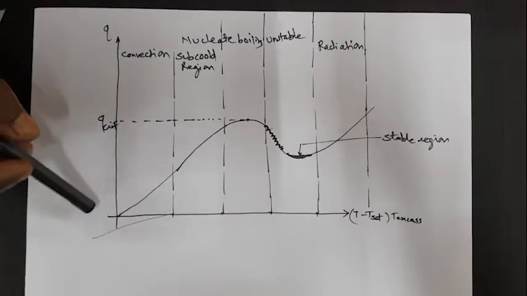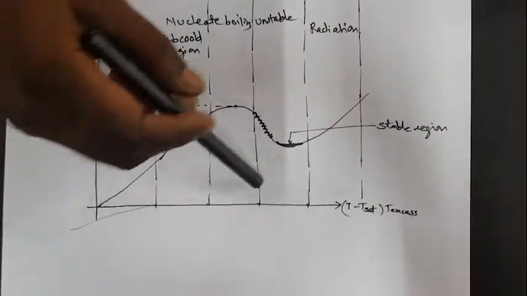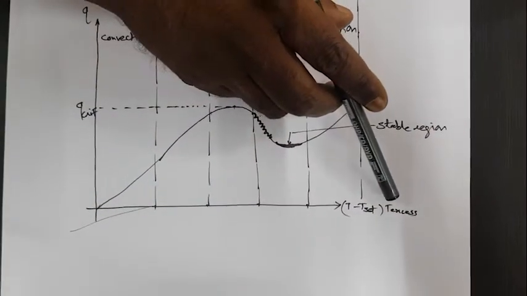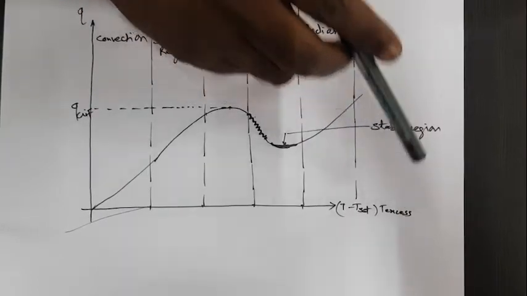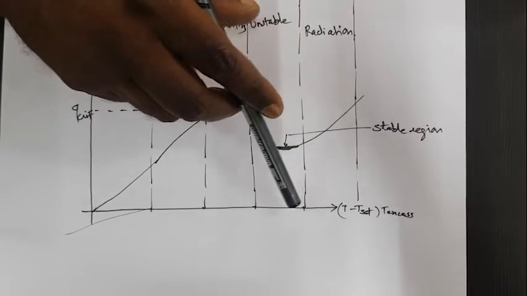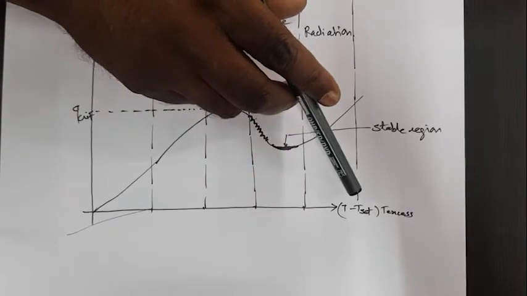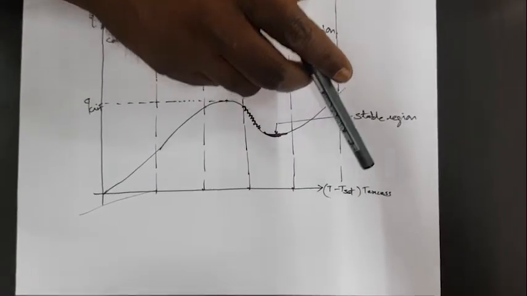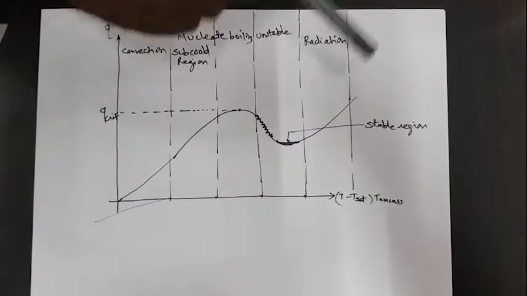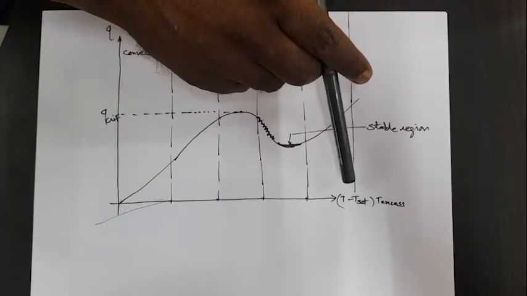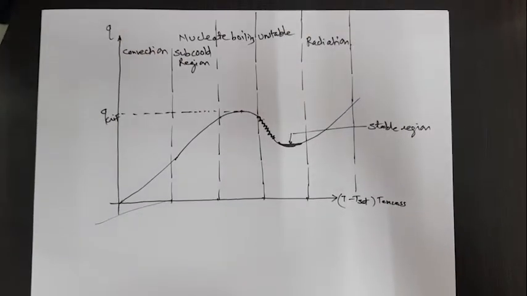Now here on this x axis I am having excess temperature. I have written T excess. This excess temperature is nothing but the actual temperature of the heating surface minus the saturation temperature of water, or whatever the fluid is. Now if water is there, then the saturation temperature you know is 100.